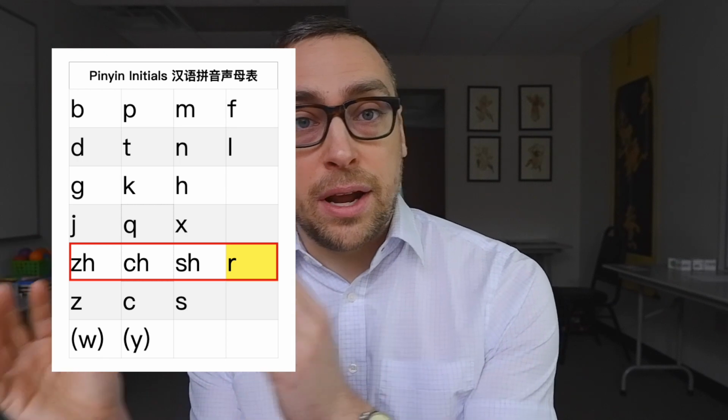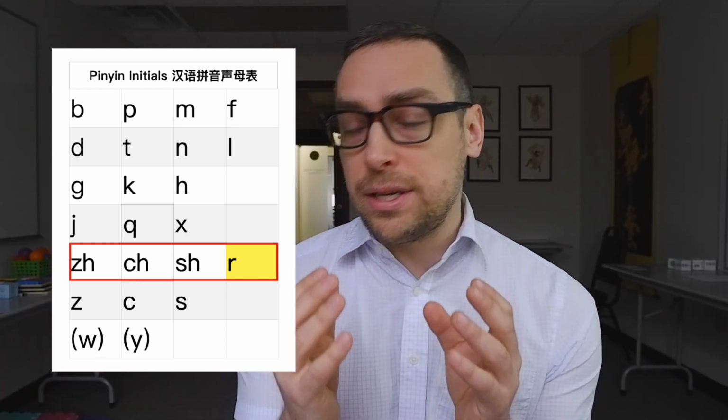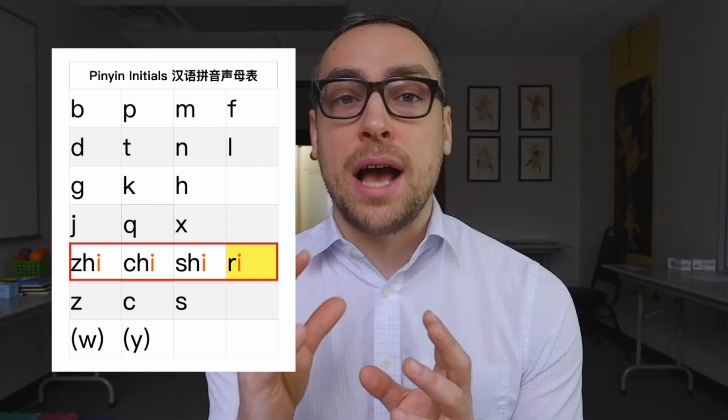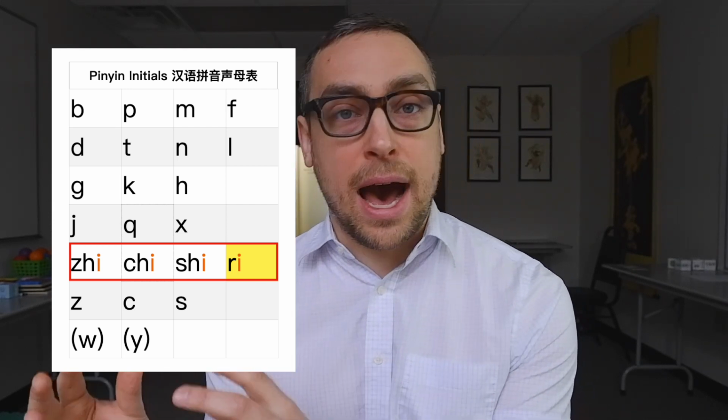When we practice this line of initials on the chart, even though there's not a vowel sound there, even though there's not a final there, what we're actually saying is zhi, chi, shi, and ri. So first and foremost, keep that in mind when you come across them.